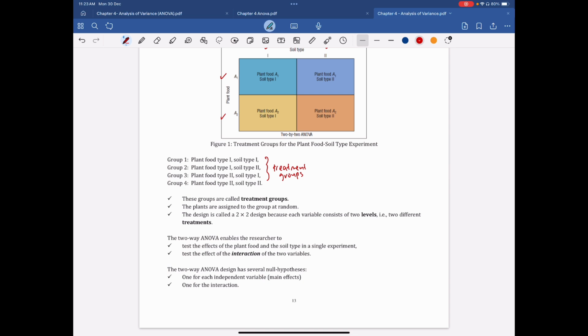How do we make sure that we randomize our plants?